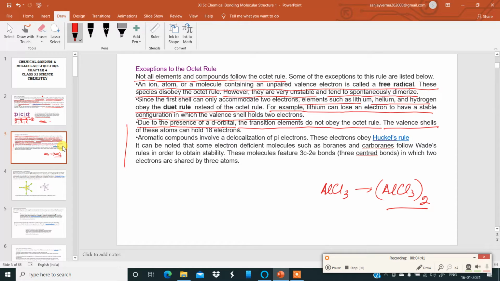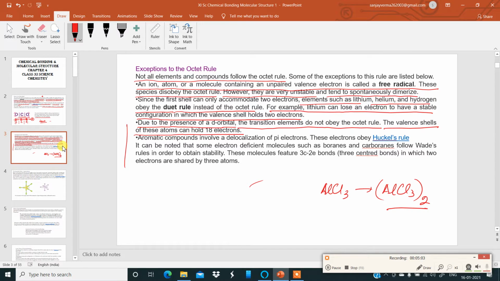The valence shell of these atoms can hold 18 electrons. So remember, the d orbital elements will not obey the octet rule. Only the s block and p block elements will obey the octet rule, with exceptions like helium and lithium.